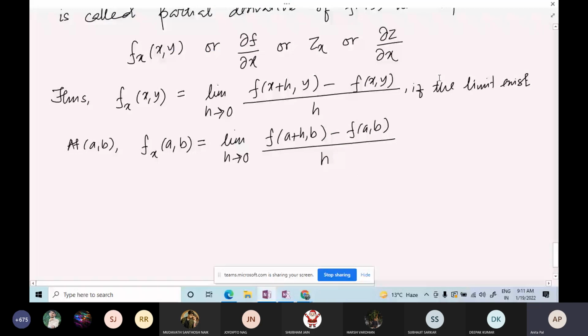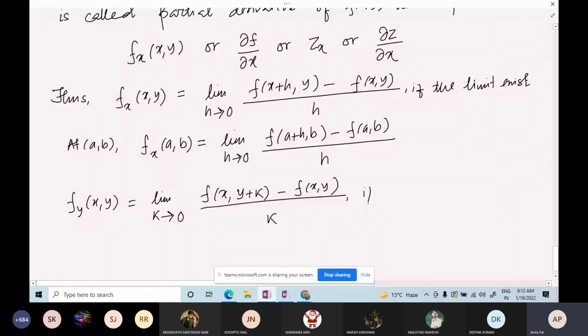Now at the point AB, what I said can be written in this manner. Now the same thing will happen for y: if x is constant, then we'll have the same kind of definition. We'll write fy of xy as limit k tends to 0, f of x comma y plus k minus f of xy by k, because change will be in y now, obviously if the limit exists.